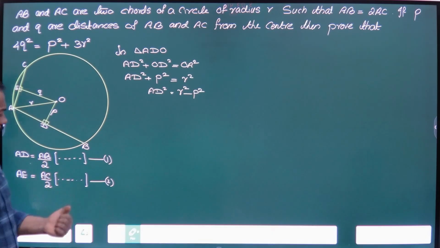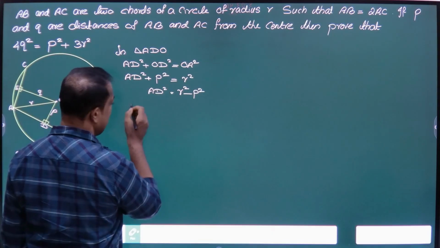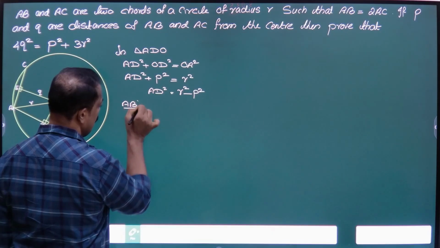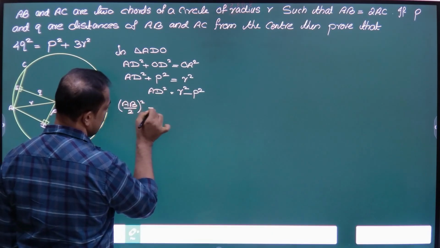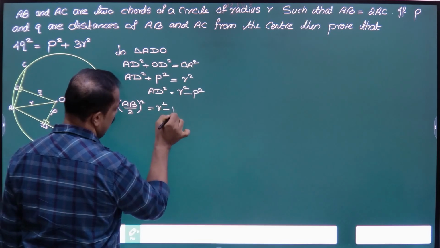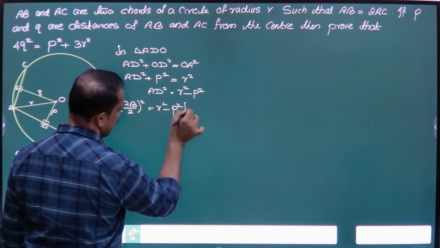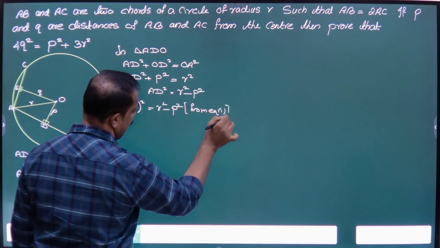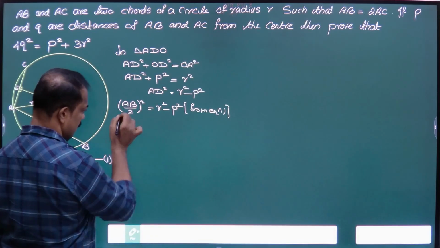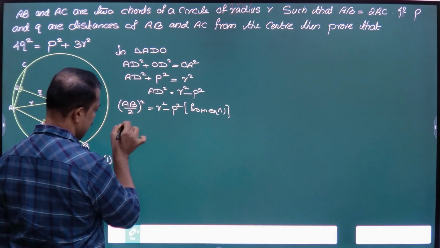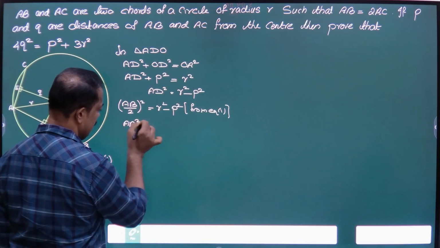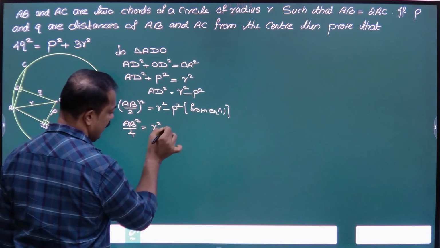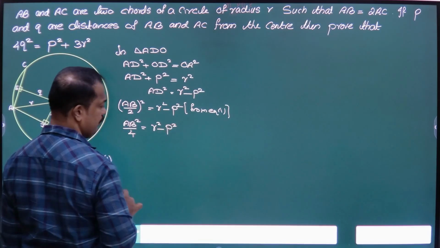Substitute: AB by 2 whole square is equal to R square minus P square. So AB square divided by 4 equals R square minus P square.